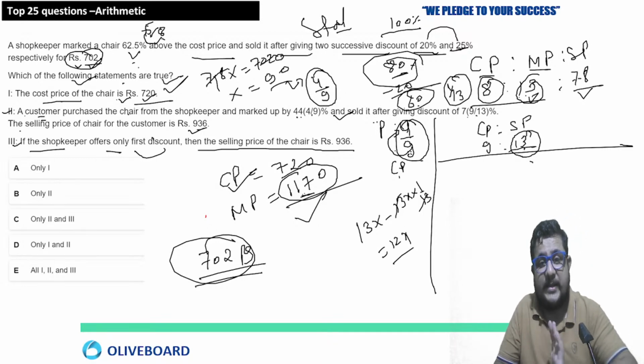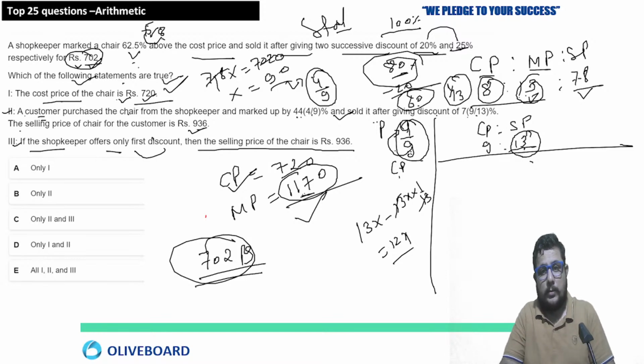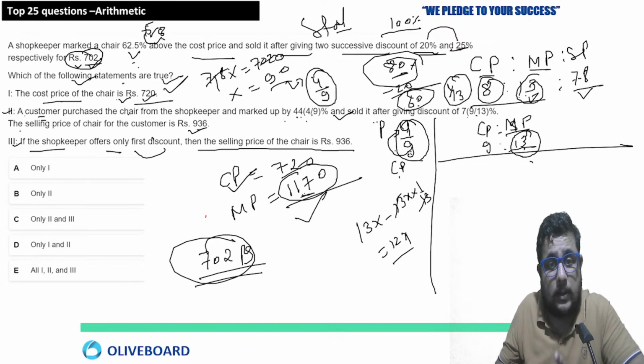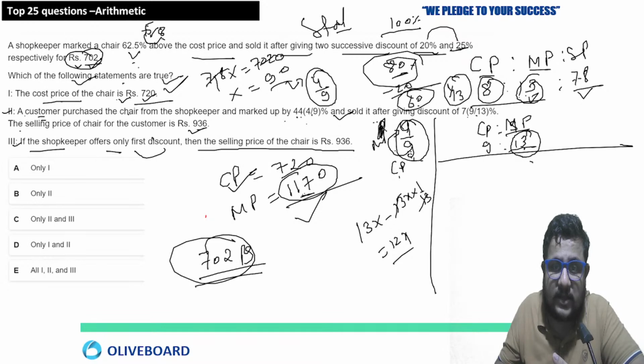So selling price here will become what? Marked up. Sorry, this is marked price. I considered it as selling price. Just look here. Marked up means this is going to be what? Here 9 is cost price, marked up by 4 more than 9. So this is the marked up price.